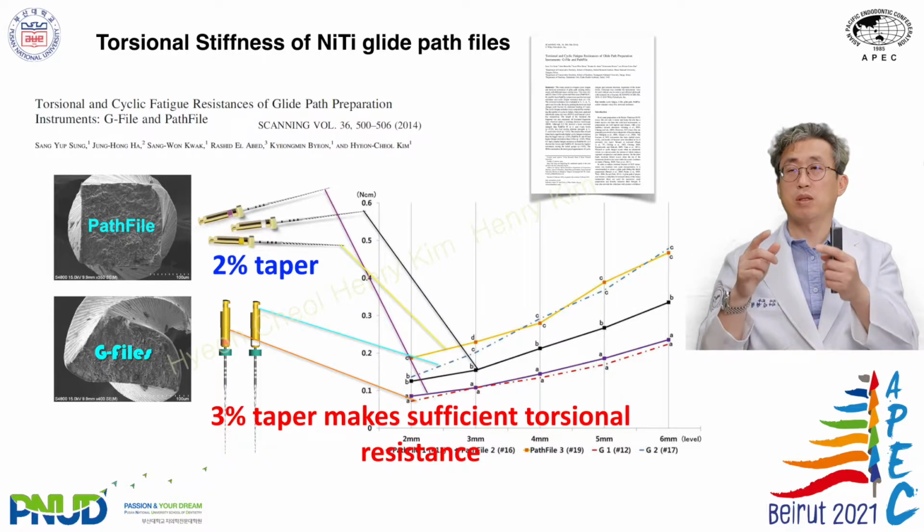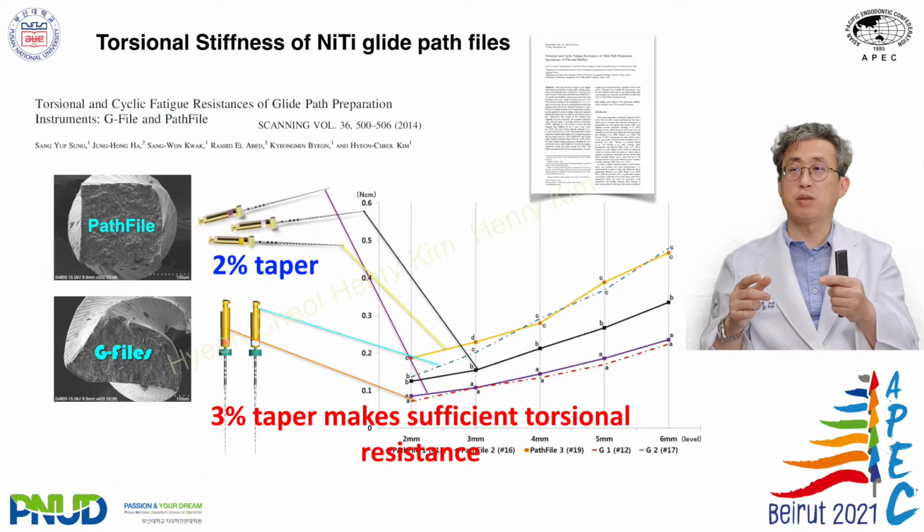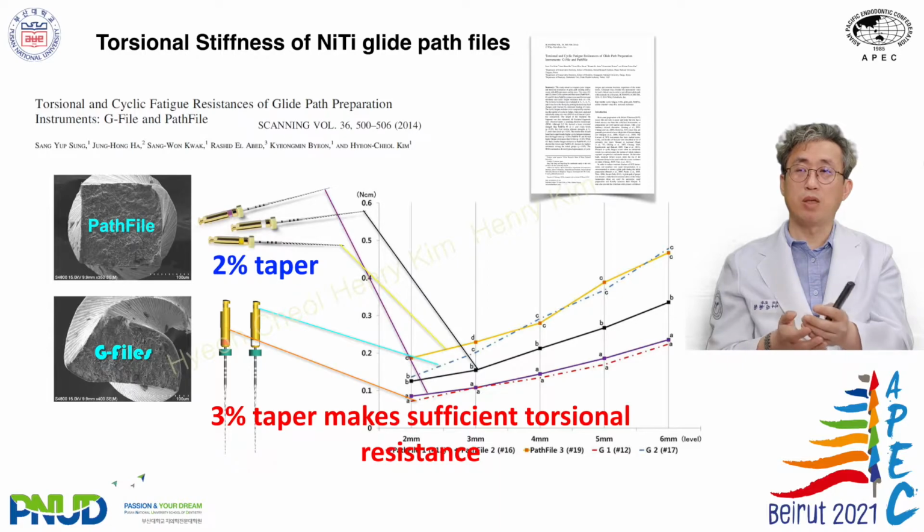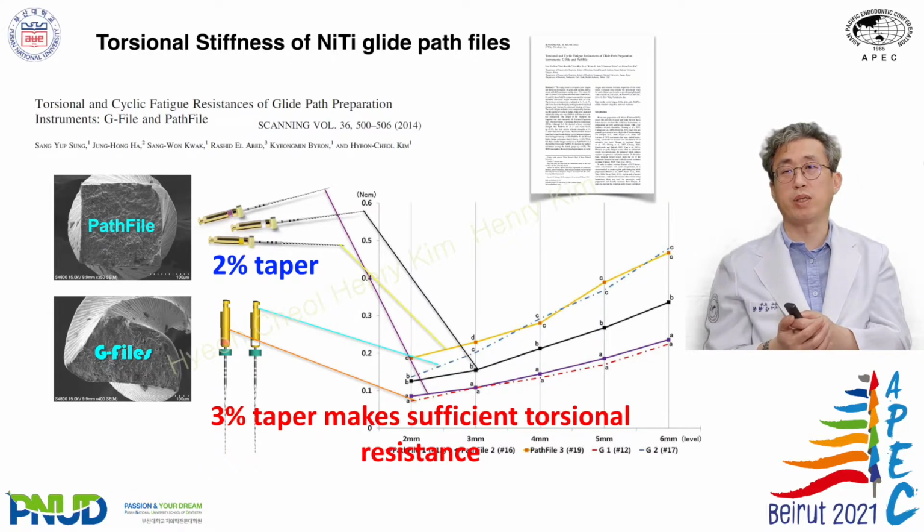If this irregular triangular shape or the triangle-based instrument had the 2% taper, it would be broken very easily. But thanks to the 3% taper, it can endure the torsional stresses. This is a good idea for the manufacturers, Micromega.